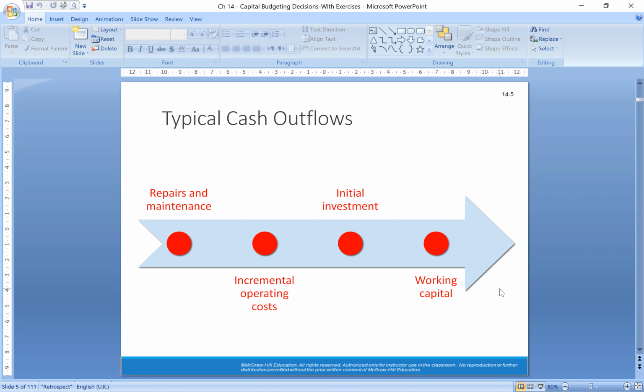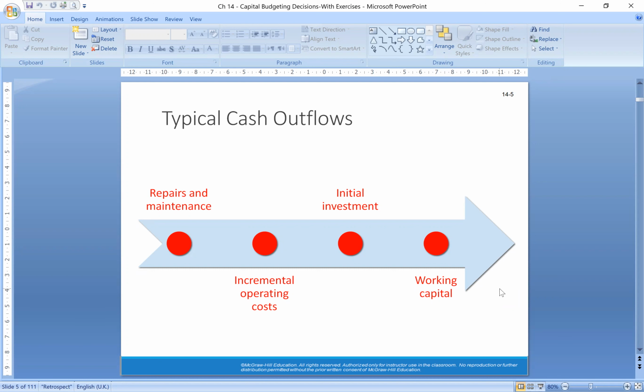Typical cash outflows include repairs or maintenance, which is cash to be paid. Incremental operating costs are outflows. Initial investments, the amount that I have to pay for the project, are outflows also. And the working capital is a cash outflow.